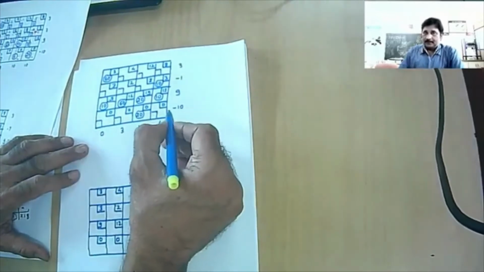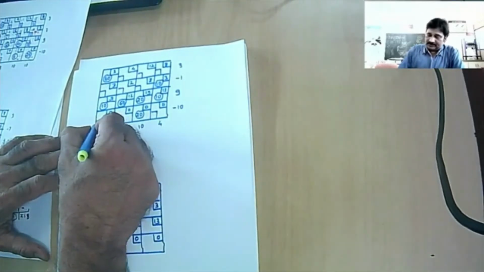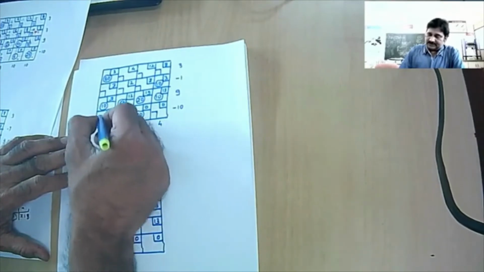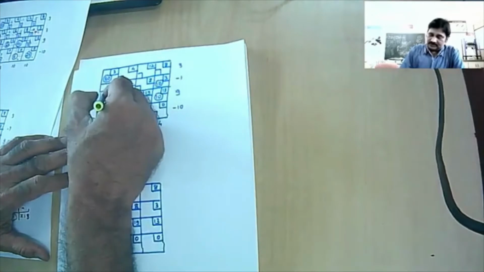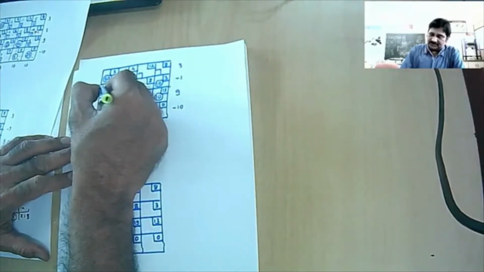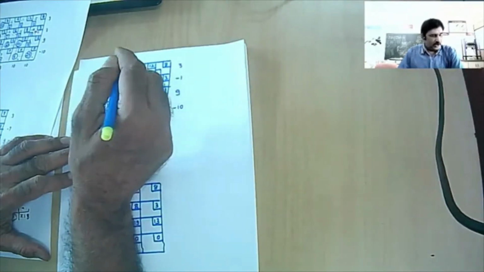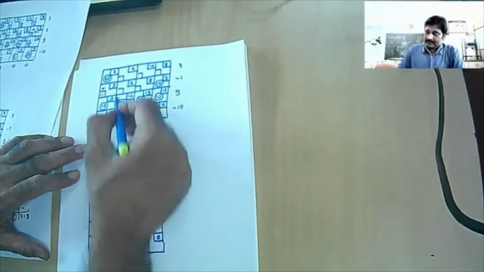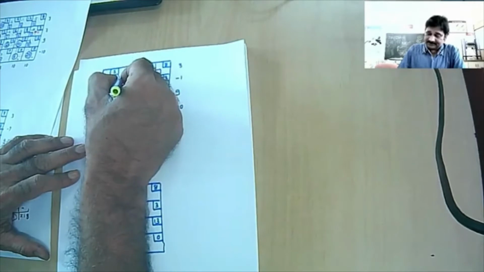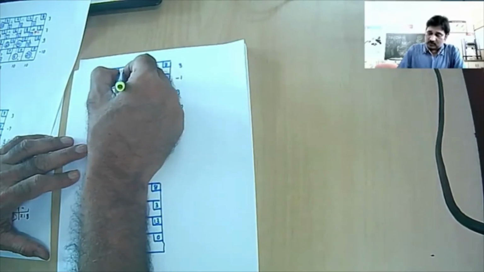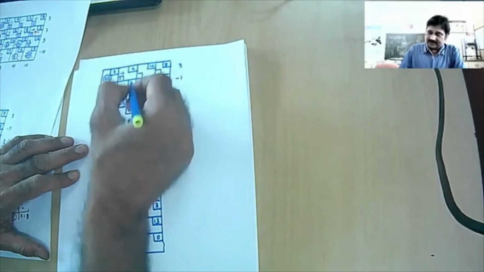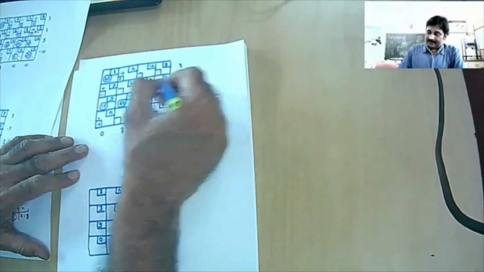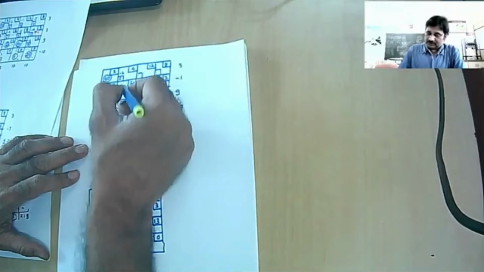So 0 minus 10, here minus 10, and 0 minus 10 is a positive quantity. Then here 0 minus 1, 3 minus 1 is positive. You may write the value or you may not. Then here 3 plus 3 is 6, 4 minus 6 is minus 2. Then here 3 plus minus 1, 2, 2 minus 2, 0.